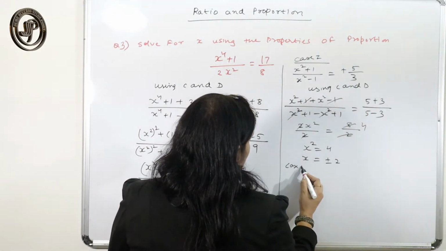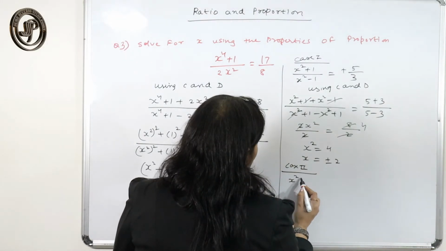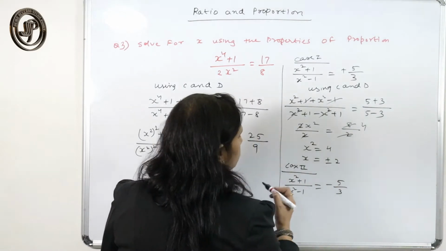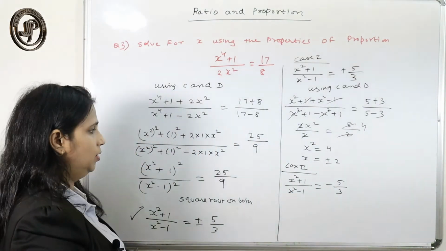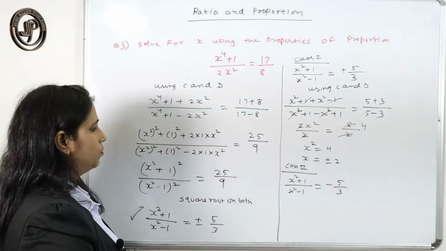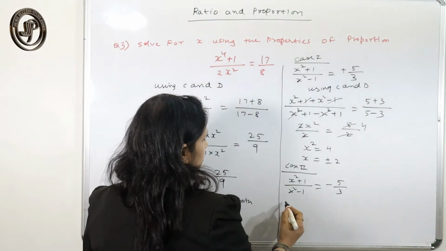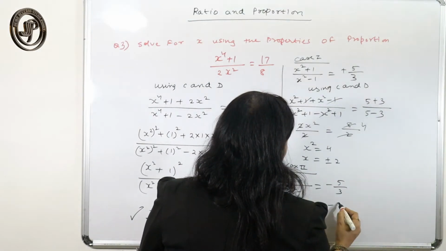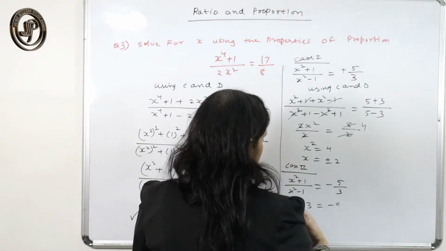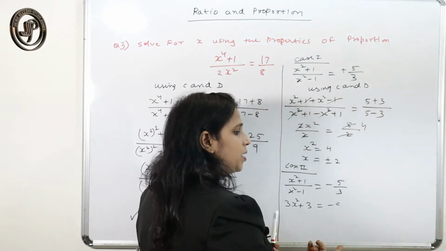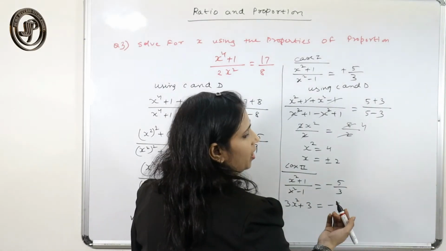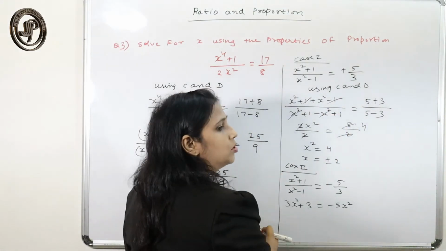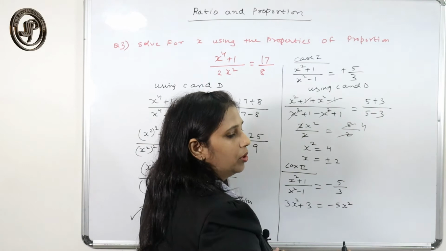Now case 2. Case 2 is x square plus 1 upon x square minus 1 is equal to minus 5 by 3. So just cross multiply, 3x square plus 3 is equal to minus 5x square plus 5. You can cross multiply this, or otherwise you can again use C and D. You will get the answer by both ways. Here I have used C and D, here I am doing the cross multiply.